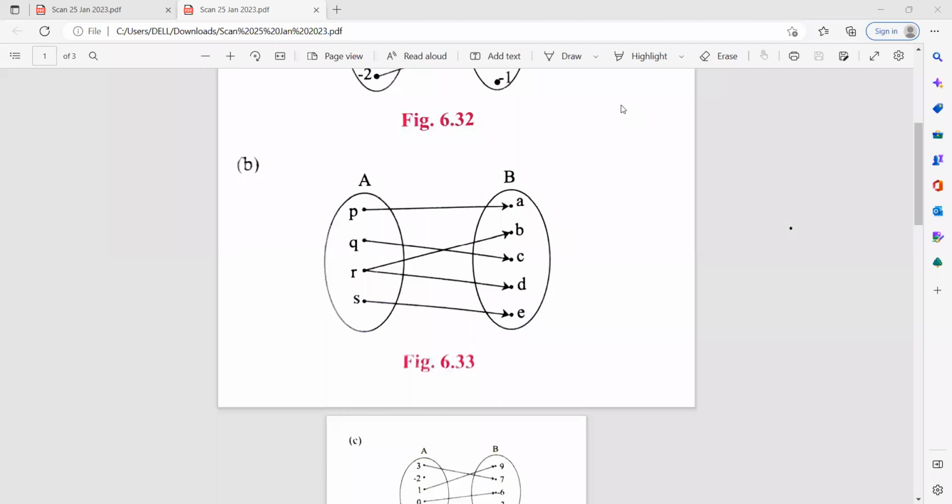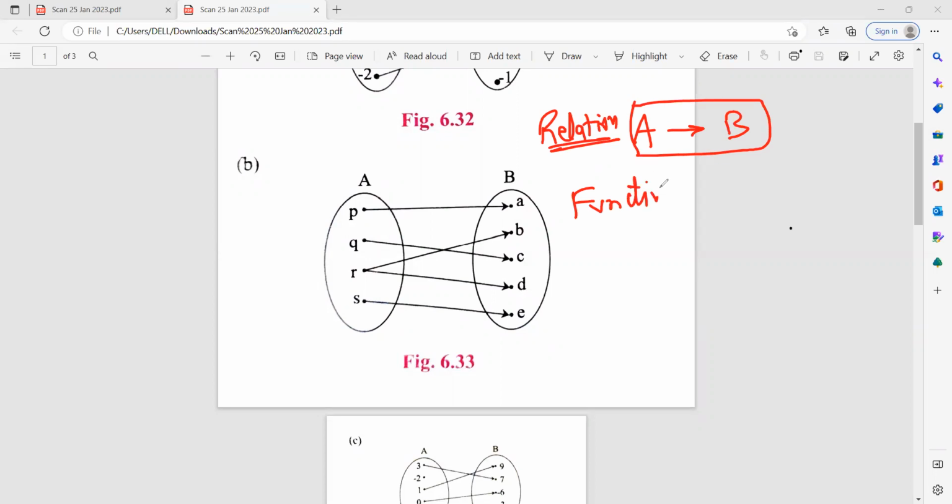In the previous lecture on functions, I defined a function for you. I explained how a relation from set A to set B can become a function from set A to set B. I repeat again, what did I teach you in the earlier lecture?